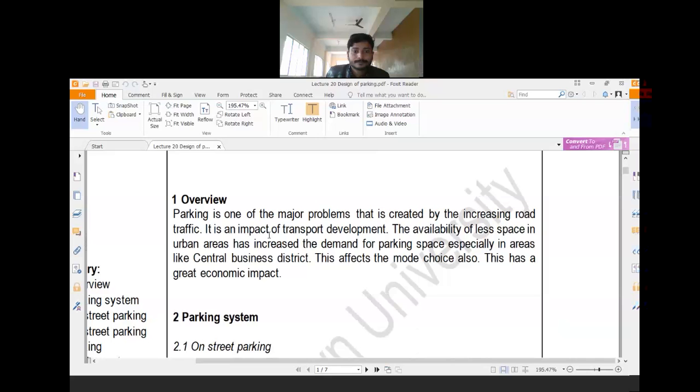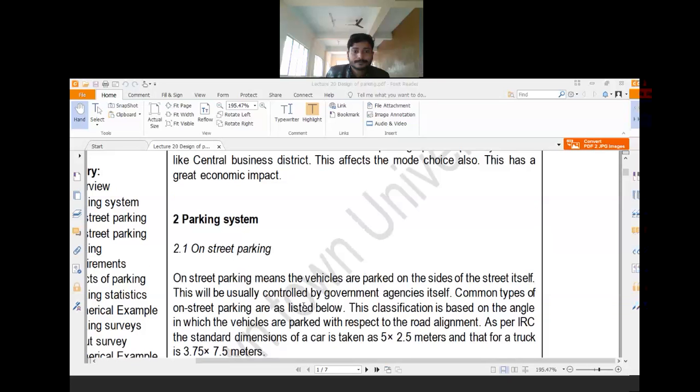Besides the central business district, in other cases also, like in the market area, you must have seen the parking problem in the Naringi market area. You have seen that the effective width of the road has tremendously reduced because of the parked vehicles. So basically, parking in the urban area is a huge problem.